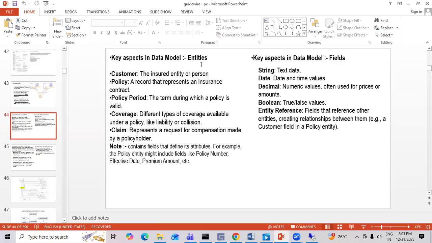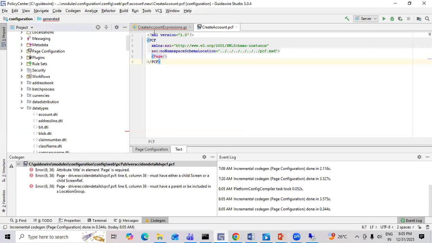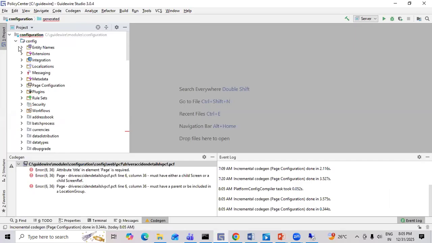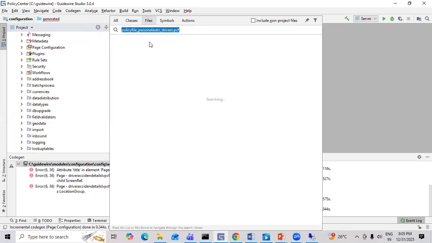This can be presented in different ways. For example, let me take it, I'll just show you. We have a PCF file.